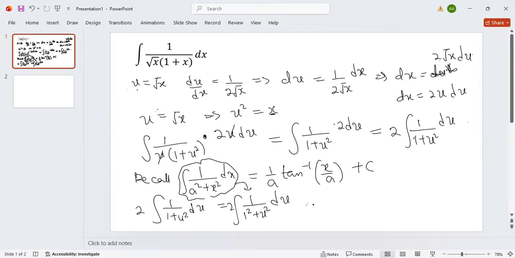So this can be 2, which is the number we have outside, into 1 over 1 arctan of u over 1. From this, 1 over 1 is 1, and u over 1 is u. So that will be 2 arctan of u.